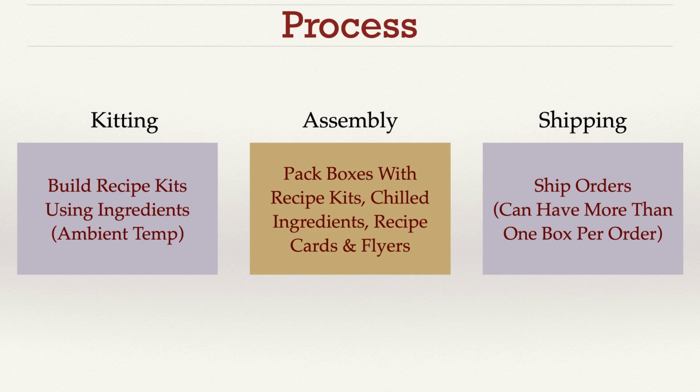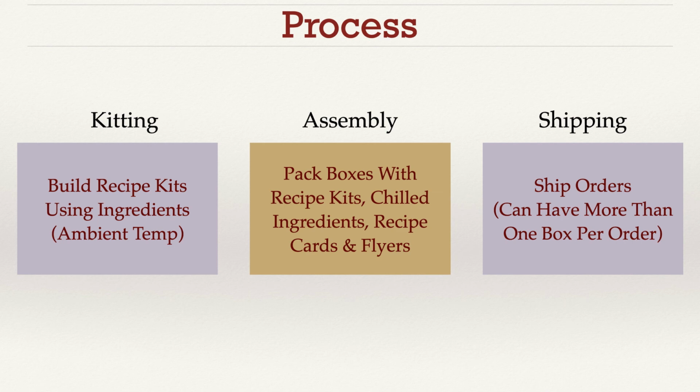Looking at their process end to end, they have 3 steps. First of all, they build the recipe kits. Customers order with various recipes they want and for the number of people they want. They build these recipe kits using ingredients at ambient temperature, but ingredients which are not at ambient temperature, chilled ingredients for example, are packed separately during the assembly.